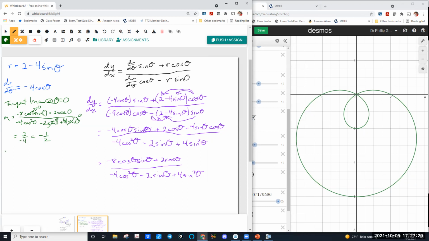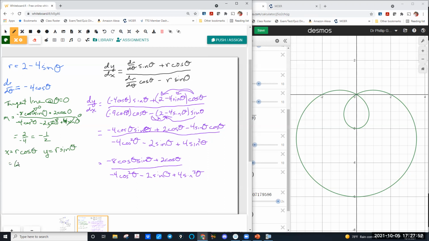Now, the way we get that, remember that x equals r cosine theta. Y equals r sine theta. And basically our r, again, comes from here, and theta is going to come from where we're finding our tangent line, at 0.